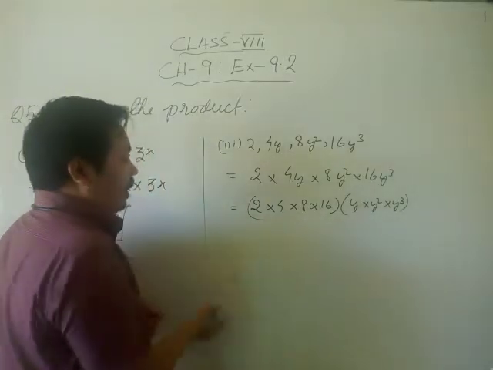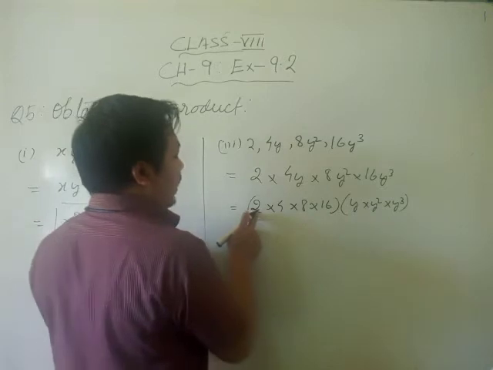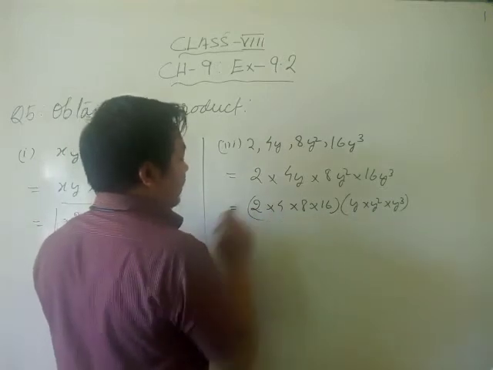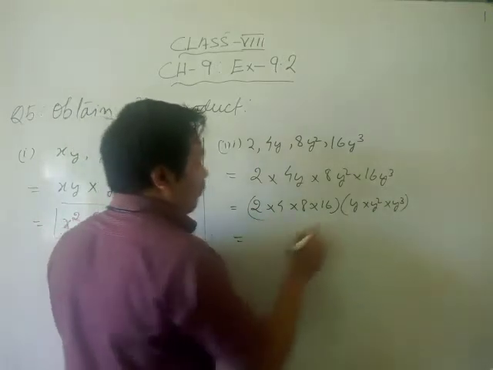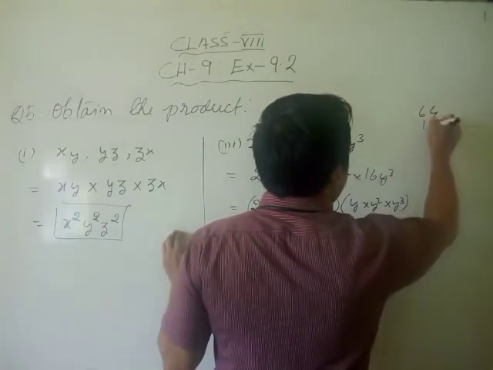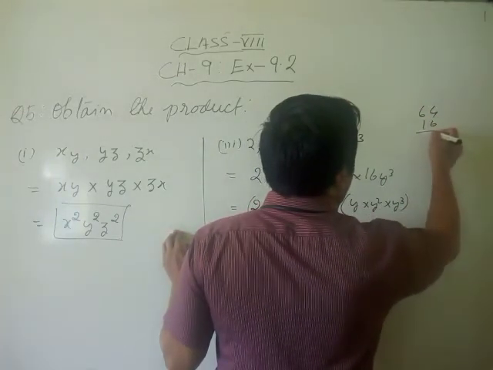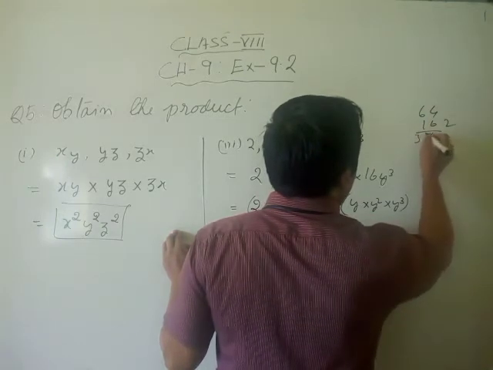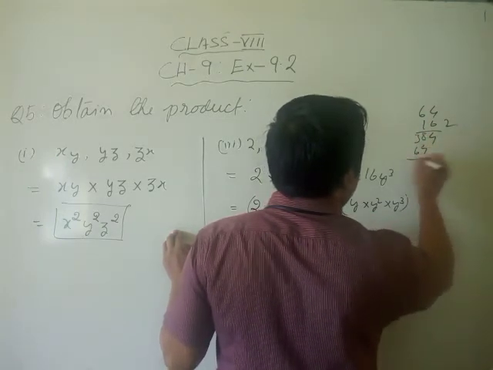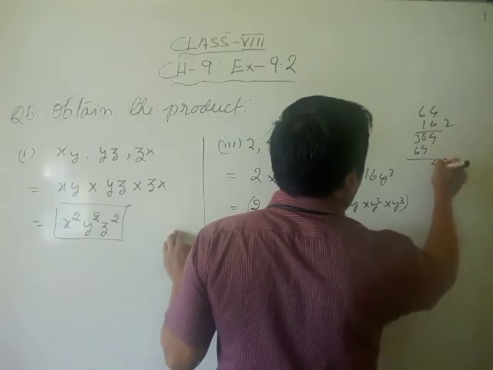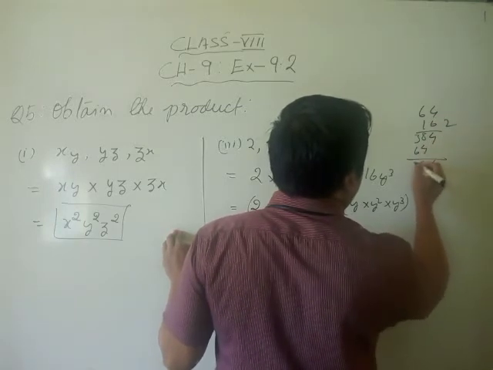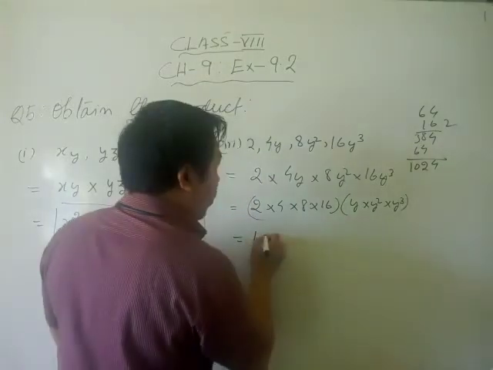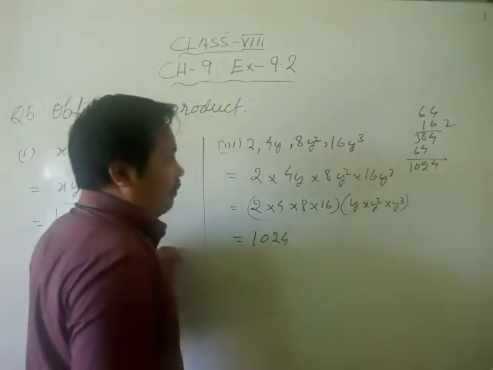Let us see how much we get. 2 times 4 is 8, 8 times 8 is 64, and 64 times 16 gives 1024 as the product.